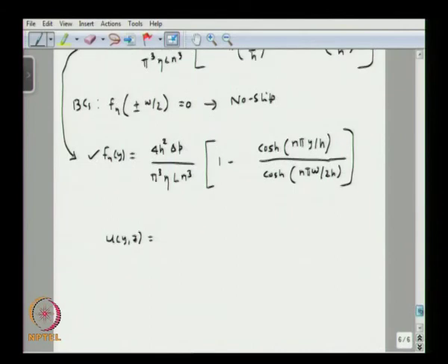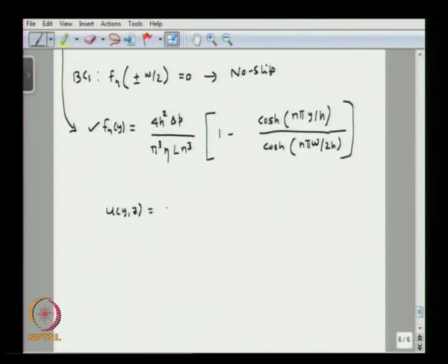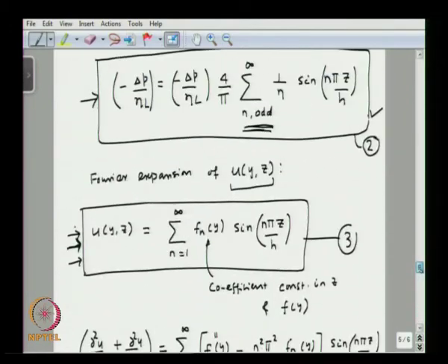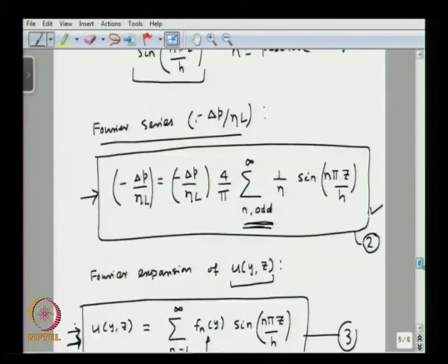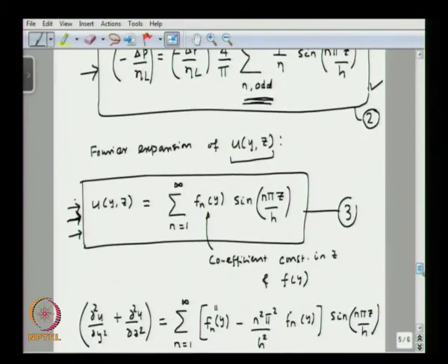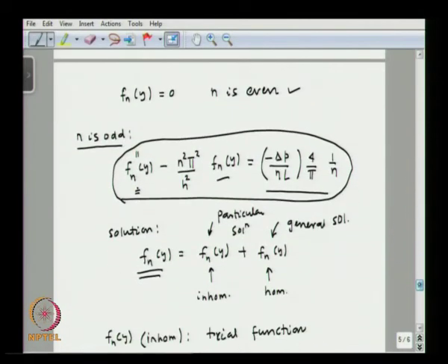So, this can be written as 4 h square delta p divided by pi cube eta L into summation n is odd, right. This is what we have written here, n must be odd, because for n even this is vanishing. So, only n is odd.